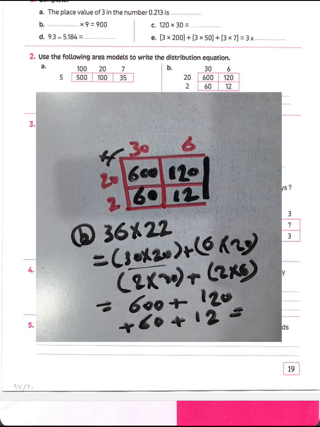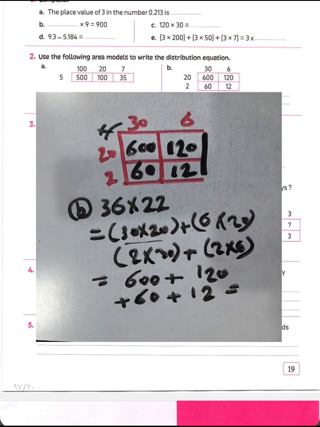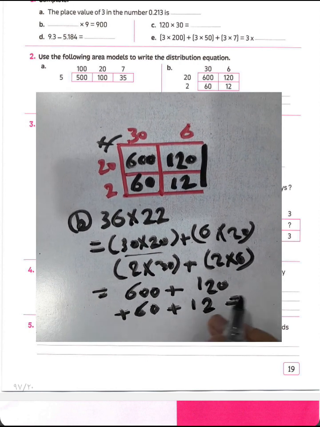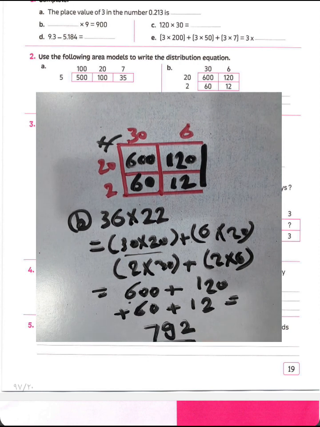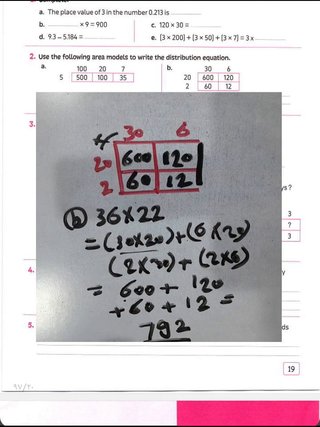And then find the sum of all the results, adding 12 plus 60 plus 120 plus 600. 2 plus 0 equals 2. 2 plus 1 equals 3. 3 plus 6 equals 9. 6 plus 1 equals 7. The result will be 792.